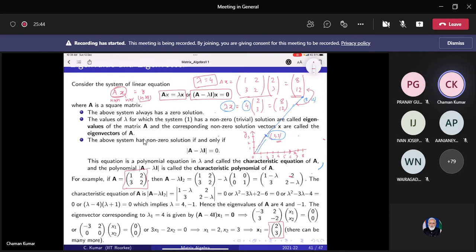So the position goes to (8, 12). Okay. So this position you can determine, instead of the matrix, by a single number, lambda. You hit a single number, say a real number 4, and you go to this position.